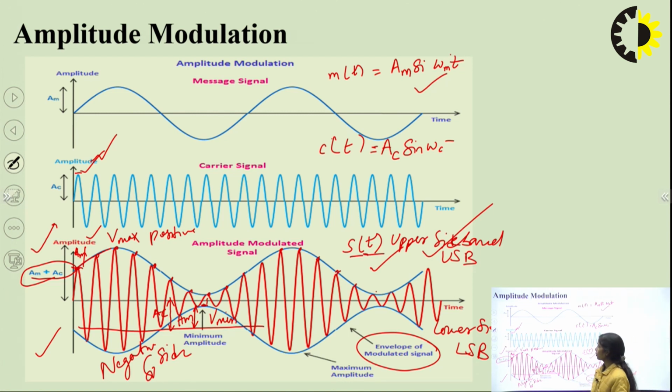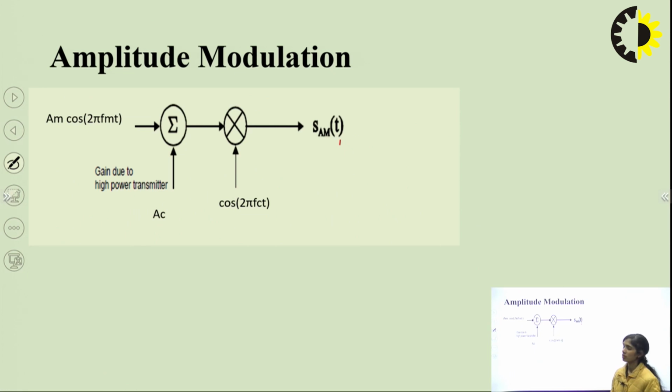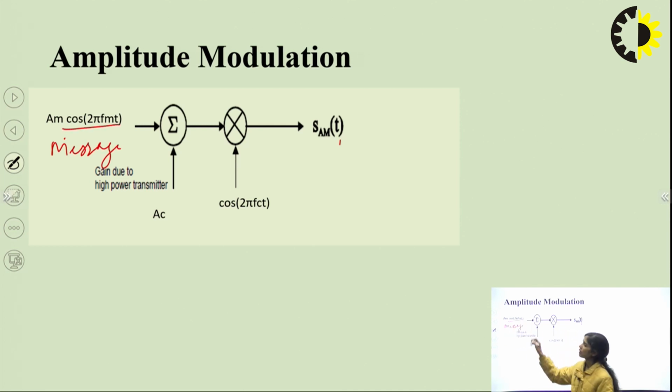Now we are going to see how we are going to modulate, and what circuitry or electronic equipment is required. We just have a simple circuitry. We have an input message signal, which is taken either in cosine form or in sinusoidal form.